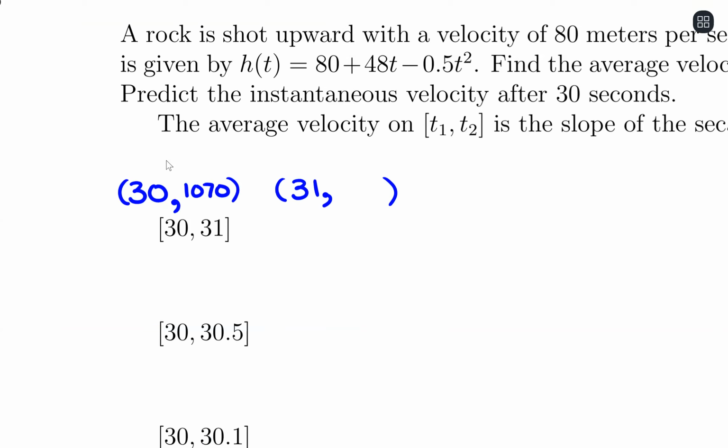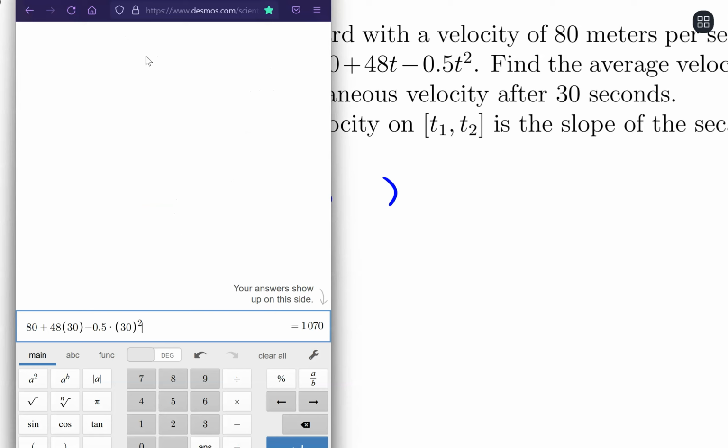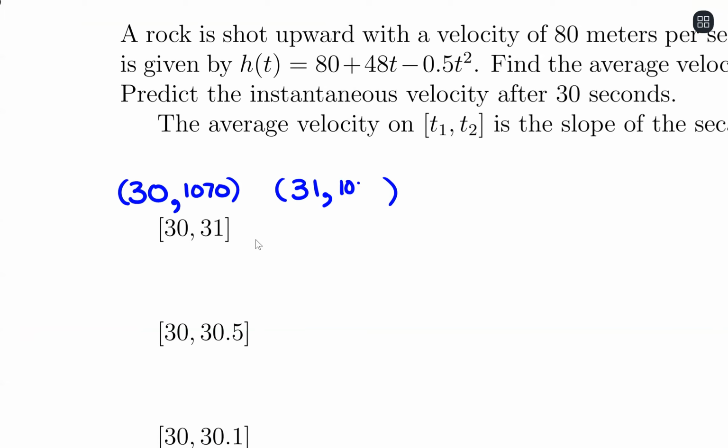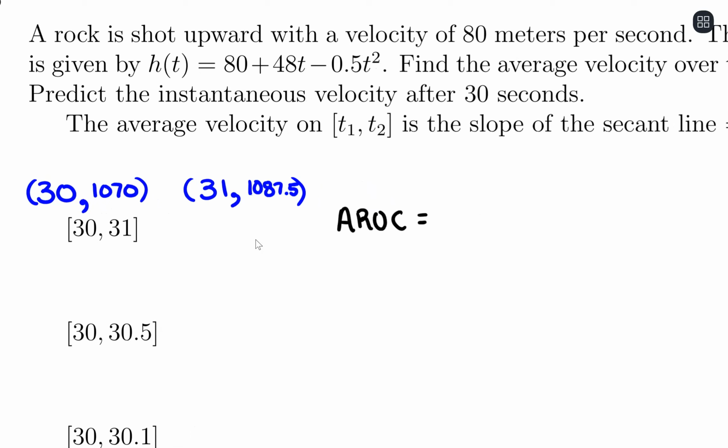Now I want to do the same thing for 31, and what's nice about the Desmos Scientific Calculator is I can just edit this. Wherever I put 30, I'm just going to change that to 31, which is 1087.5. So the average rate of change is going to come from the difference in the y values: 1087.5 minus 1070 all over 31 minus 30.